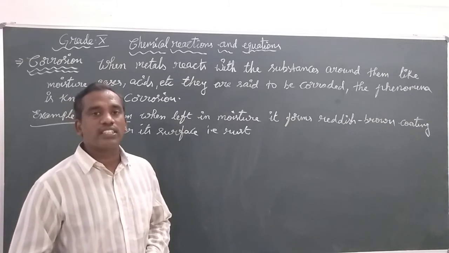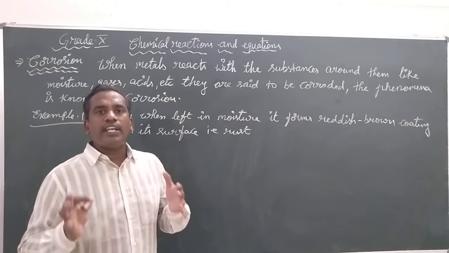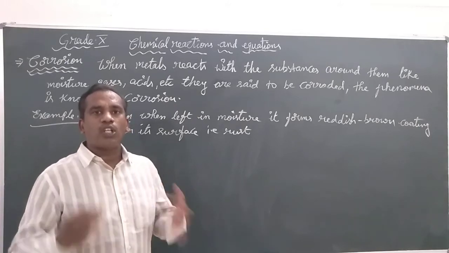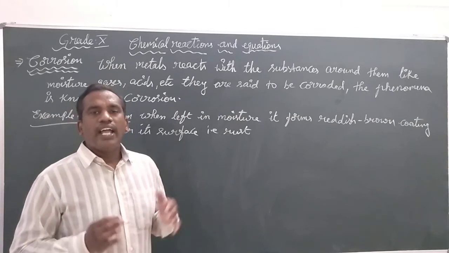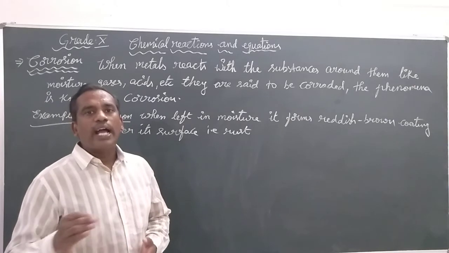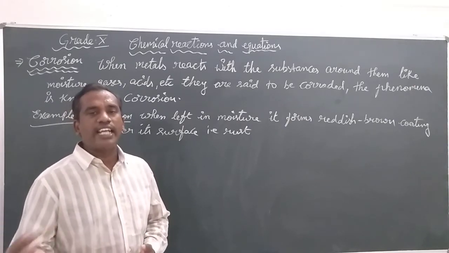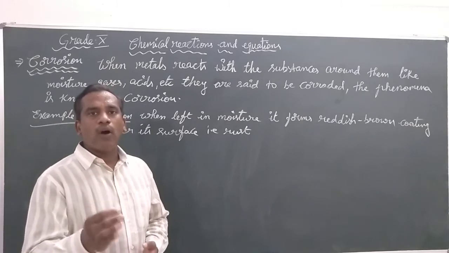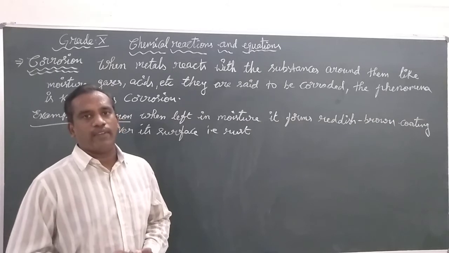When you leave any copper metal in atmospheric air for a few days, its brown color will change to a green coating over its surface. What is the change in color we are observing? Brown color coating is changing into green color coating.